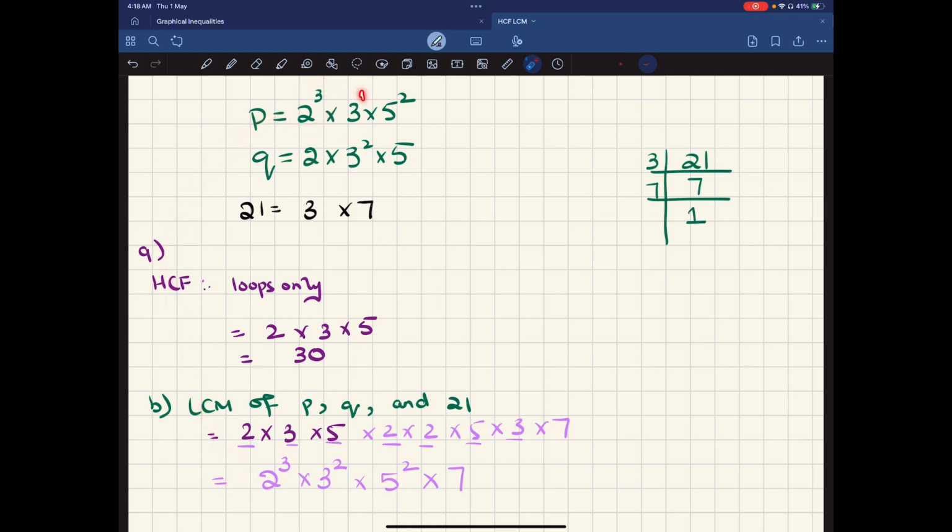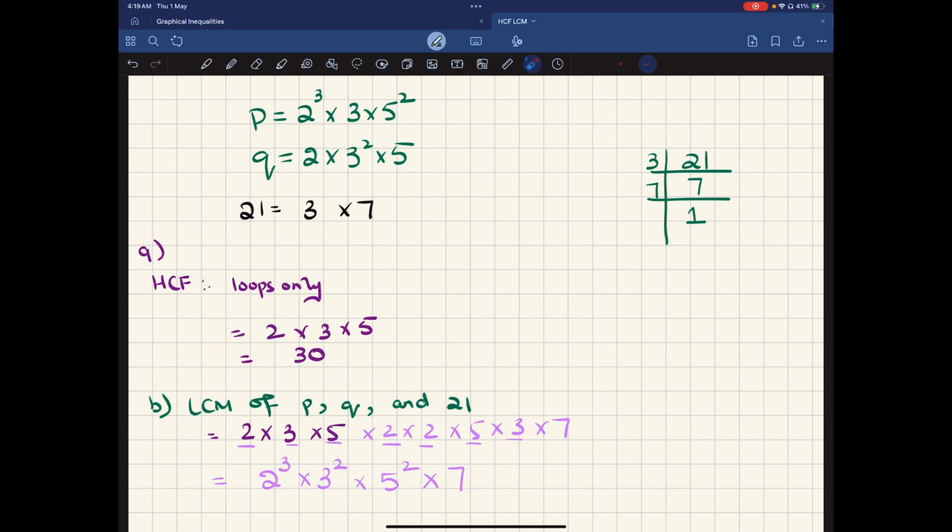Then the power of 3 is 1 here, here it's 2 and again it's 1. So we're going to take the highest power of 3, 3 square. The highest power of 5 is 5 raised to the power 2, and then 7, the highest power is 1. So this is what the LCM is.